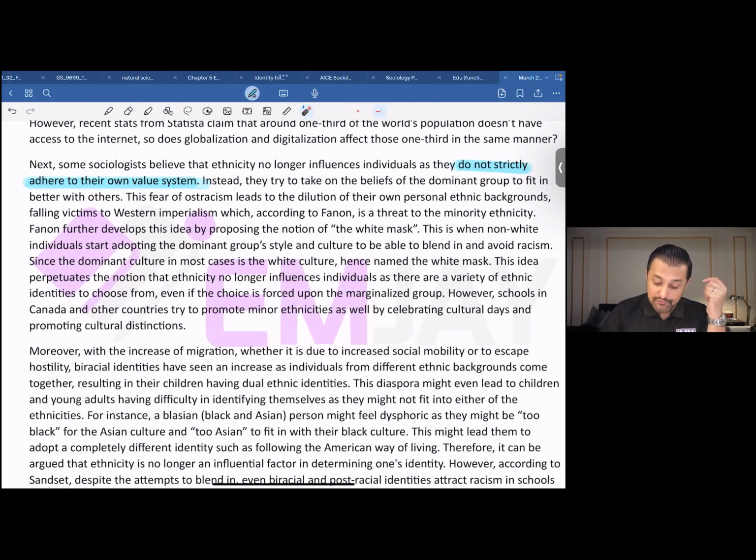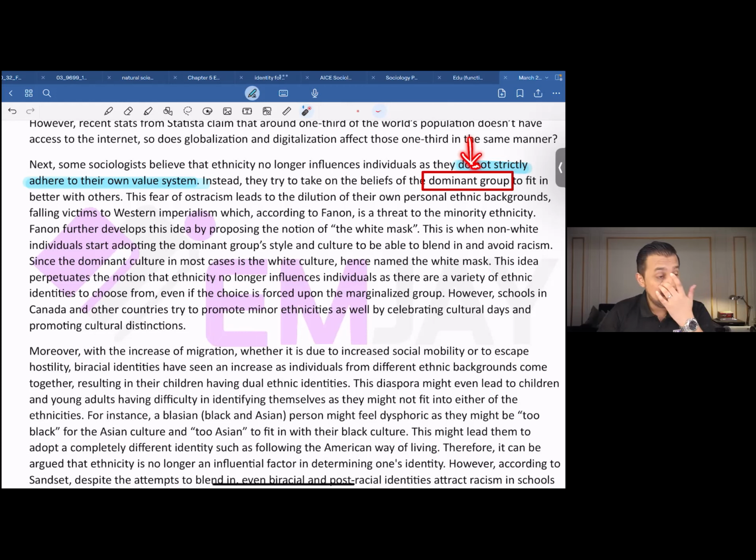they try to take on the beliefs of the dominant group within a society. Now, by and large, we see the world being obsessed towards Western culture, Western imperialism.